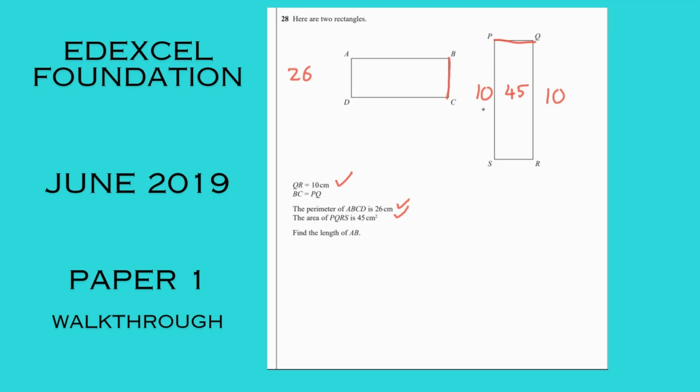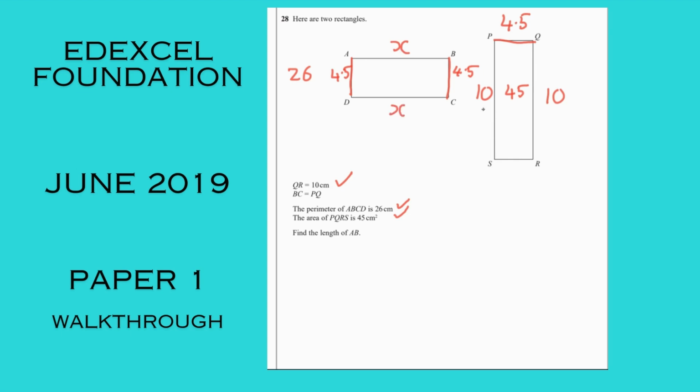There we go. We've got something we can work out. Area divided by the 10 gives us that distance there, which happens to be that distance there, and that there. What we don't know is A to B, and that's repeated.